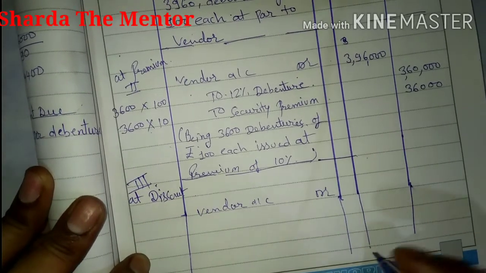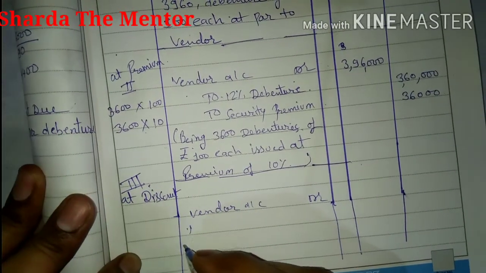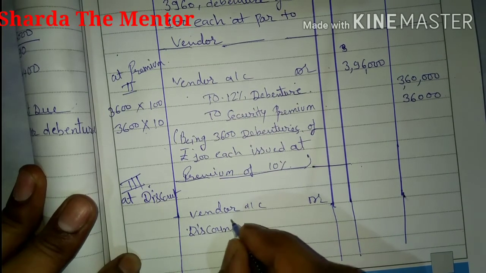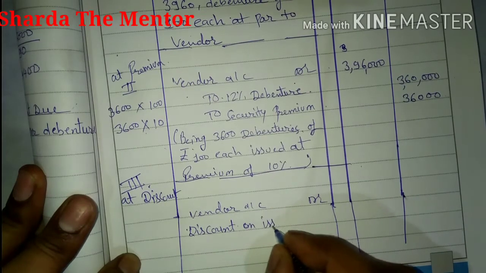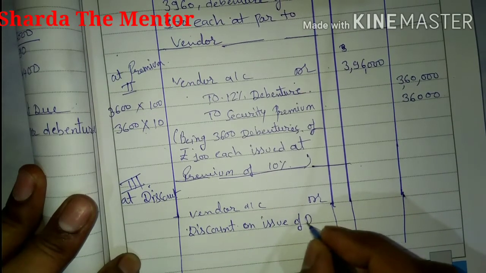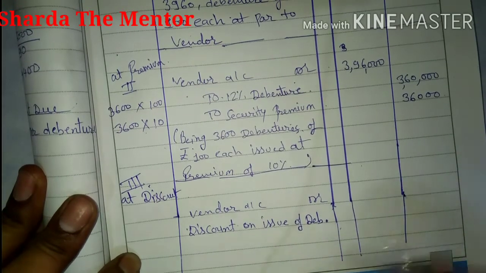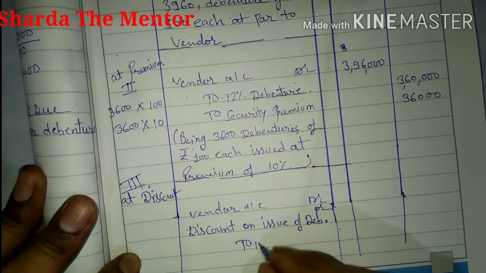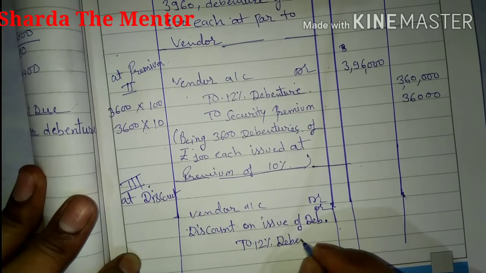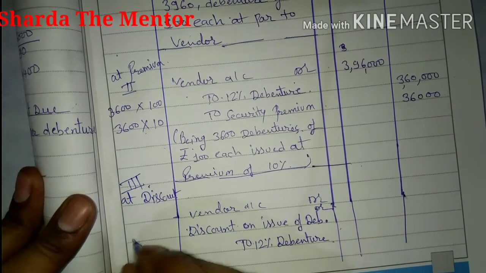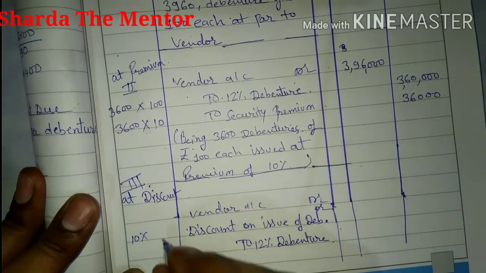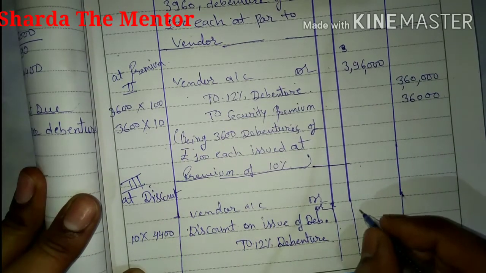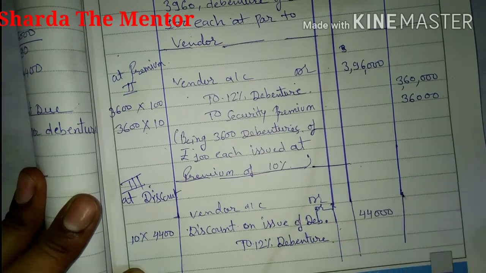As we know already that discount is always considered a loss for the company, so that is discount on issue of debenture debit to 12% debenture. Now 10 rupees as a discount amount, and the number of debentures that we have found out, 4,400, so that will be 44,000.